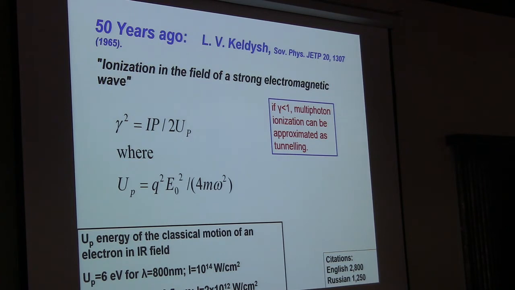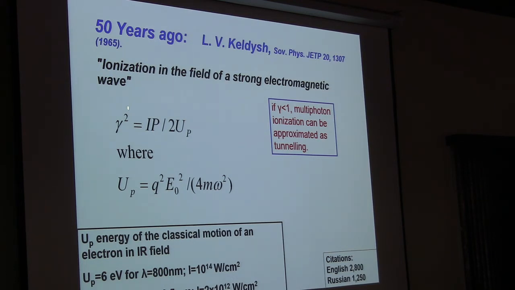If I satisfy the criterion shown here, gamma squared, now called the Keldysh parameter, where gamma squared is given by IP over 2UP, IP being the ionization potential or the band gap, whichever you wish, and UP being the energy of a free electron, otherwise at rest, oscillating back and forth in an electromagnetic wave. This is the average energy, called the ponderomotive energy.